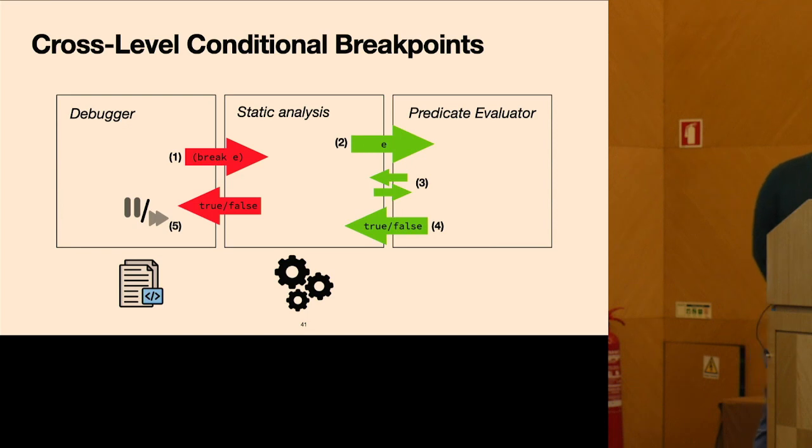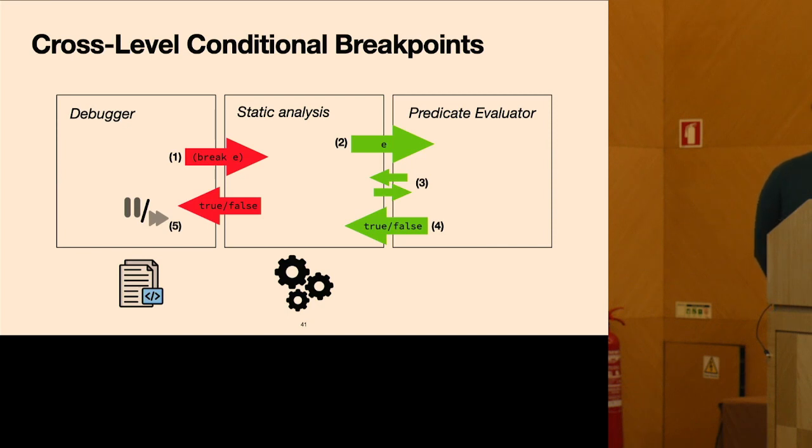Now, we don't evaluate the expression of the break statement in the static analysis itself. Rather, we pass it to a predicate evaluator. And the reason we do this is because our expressions shouldn't really influence the analysis result. Instead, they should only query about the analysis state, but not change it. So that's why we have this third component, the predicate evaluator.